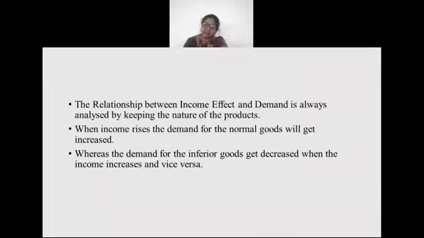What are the major advantages and disadvantages of per capita income? What is GDP per capita income? What is the income effect on purchase? So that type of questions can be asked in the examination.